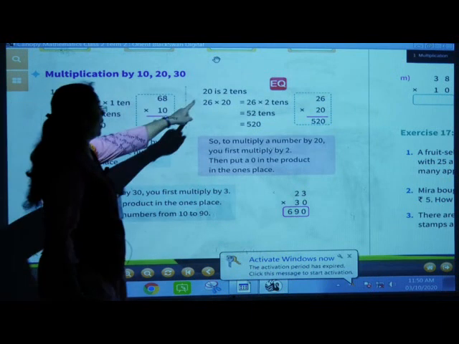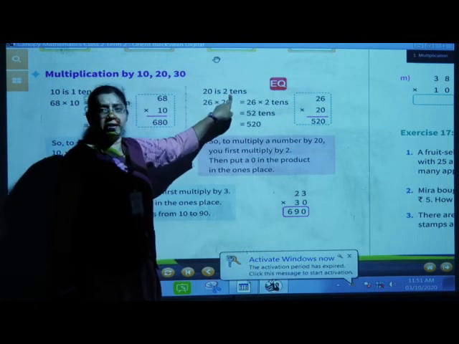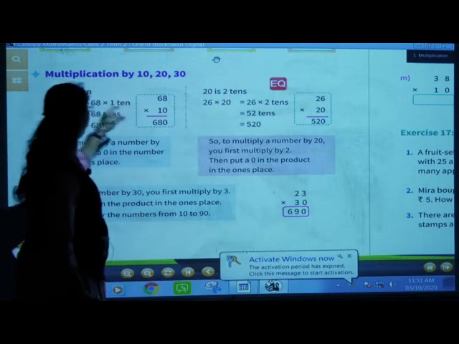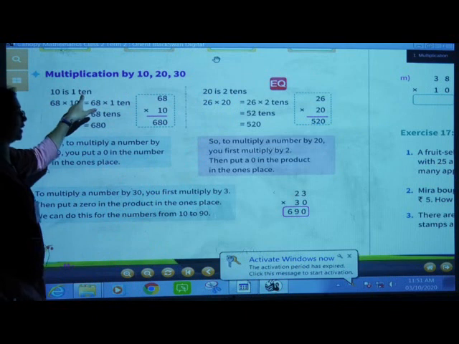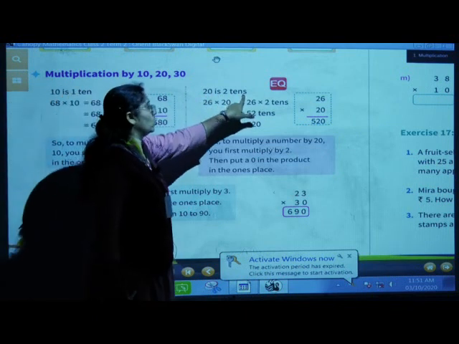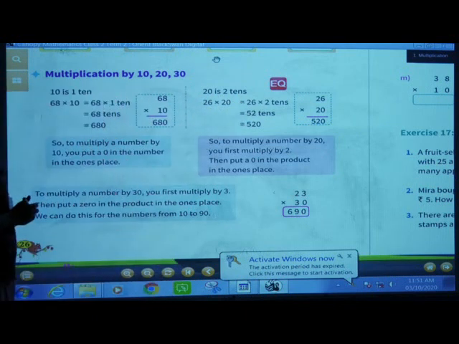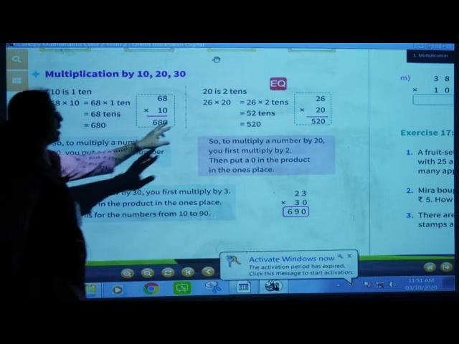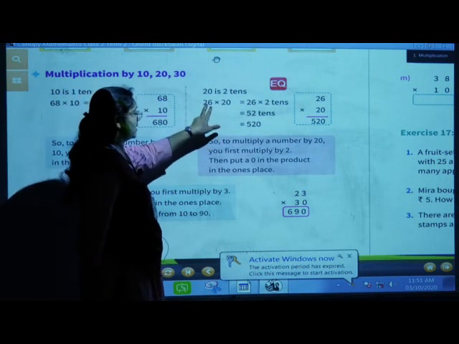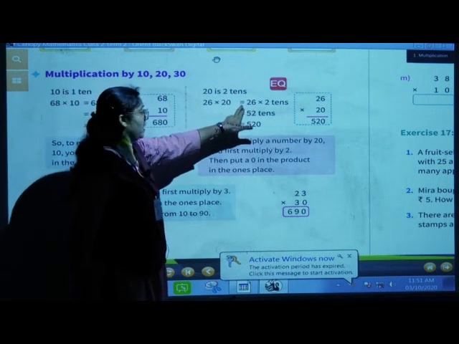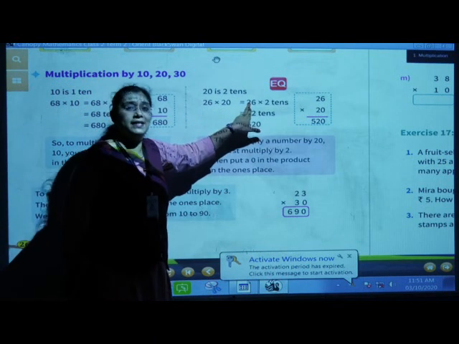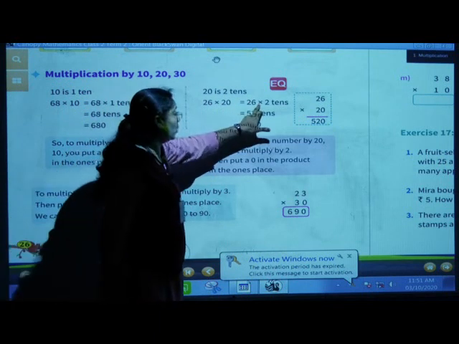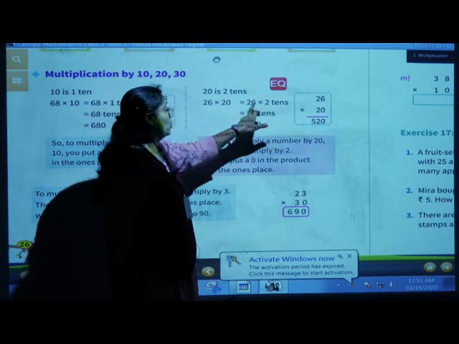Next, 20 is 2 tens. 20 means 2 tens, 10 means 1 ten. So 26 multiplied by 20 is equal to 26 into 2 tens.